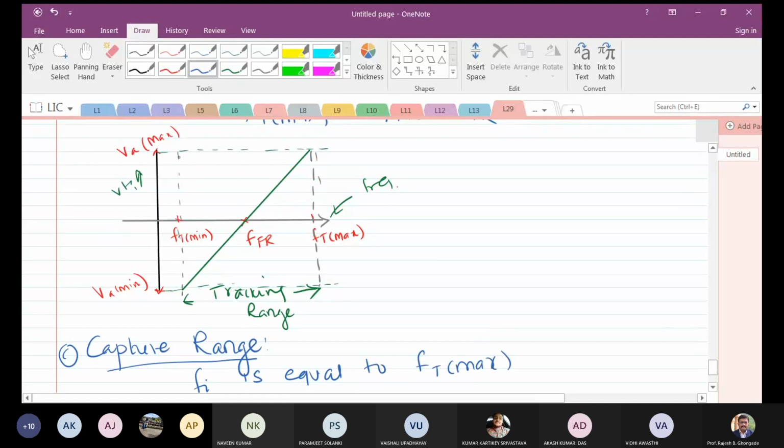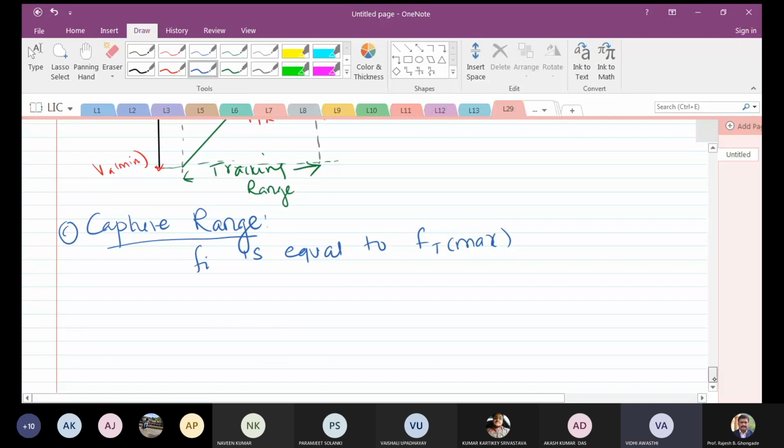Tracking range is this much. So even if your Fi is on the boundary, let us say Ft max or Ft min, we expect that the phase lock should happen, isn't it? Yes, sir. But it doesn't. In a PLL, this doesn't happen.